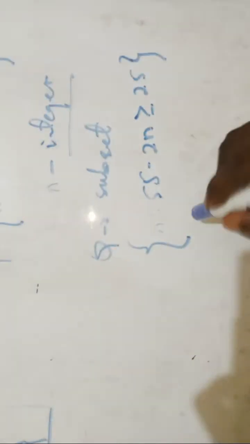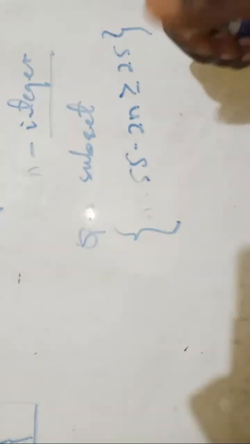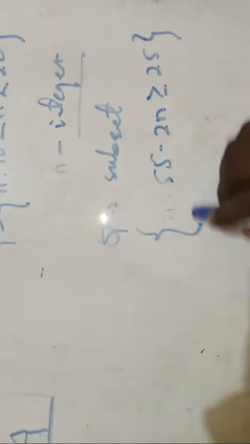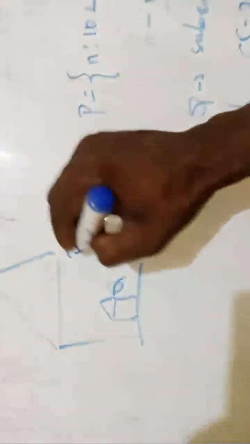These are the people inside Q. The question says we should find Q. Finding Q means we want to find all members inside Q. Anybody that comes out of this room must be a member of the entire set. So Q is the tenant, and the whole thing is P. P is the landlord.